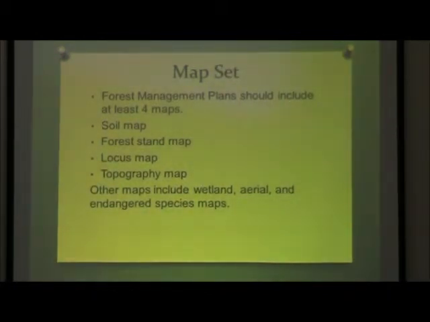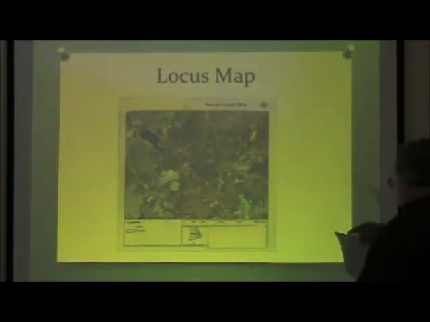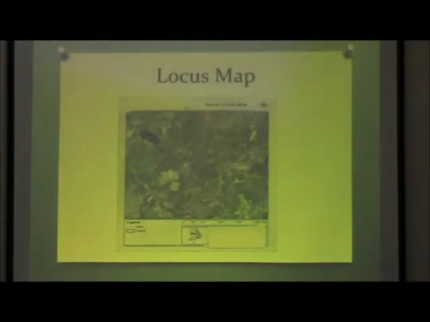That might even be just a section of a plat map. It could be the whole state. That's a locus map. But normally you want to get down to a little smaller unit. You have an aerial photograph, something like that, that shows directly where it is.